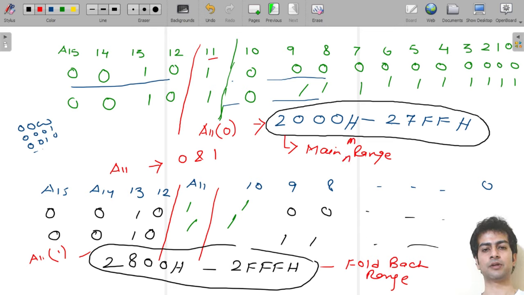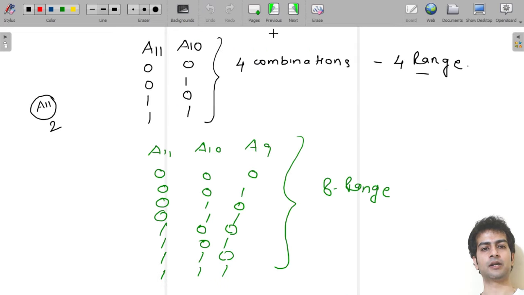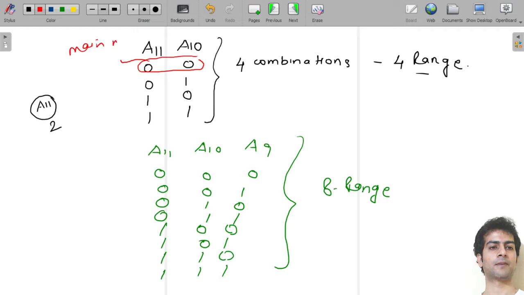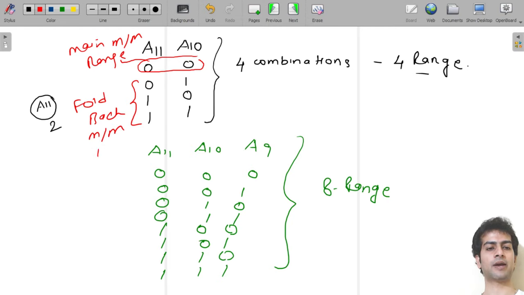This is my main memory range. This is my foldback memory range or mirror memory range. Similarly, if I talk about this, then the first combination will be my main memory range, and the rest will be my foldback memory range.